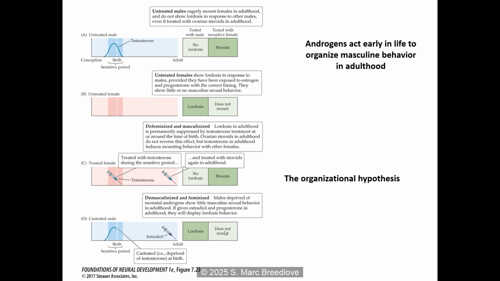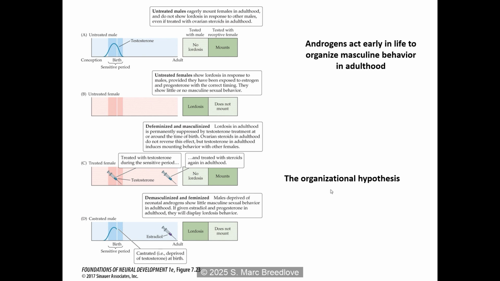And the people who first formulated this idea called it the organizational hypothesis, and they proposed that hormones affect behavior in two fundamentally different ways. First, there's what happens when you give hormones in adulthood, where the animal's behavior is temporarily affected.